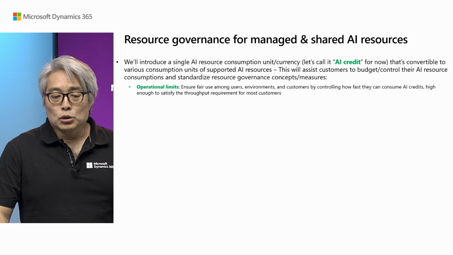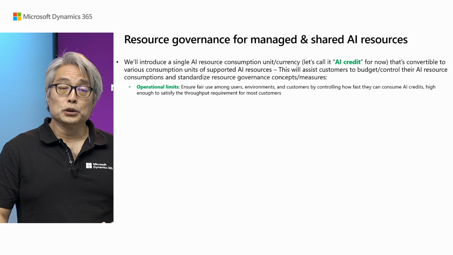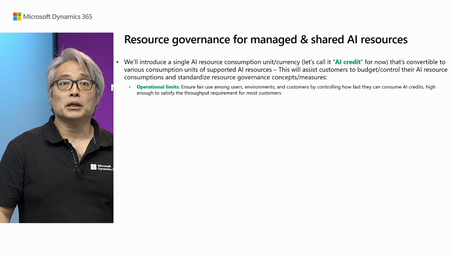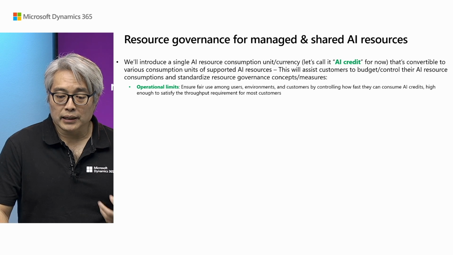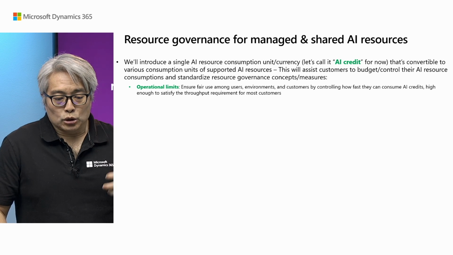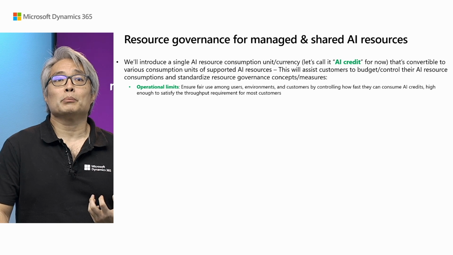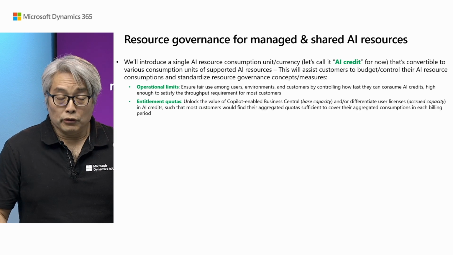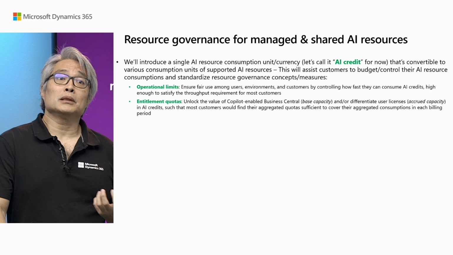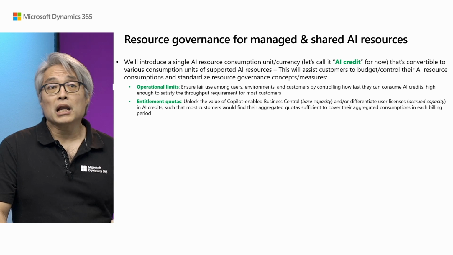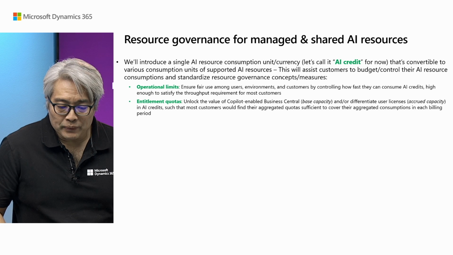So we will use operational limits to ensure fair use among users, environments, and customers by controlling how fast they can consume AI credits. So we'll set this limit high enough to satisfy the throughput requirement for most customers. We will introduce the concept of entitlement quota to unlock the value of Copilot-enabled Business Central.